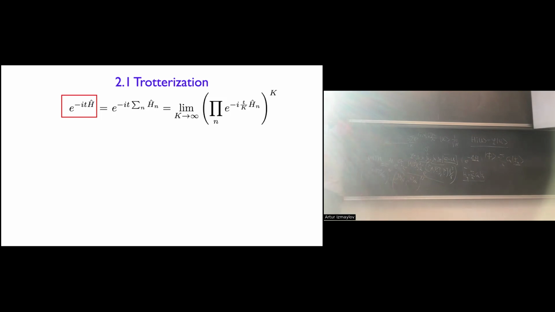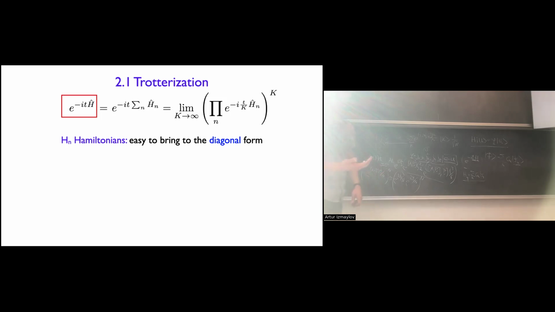So if n is large enough, this is a good approximation, which is also called the first order Trotter approximation. Now in Trotter's theorem, though, n goes to infinity, right?